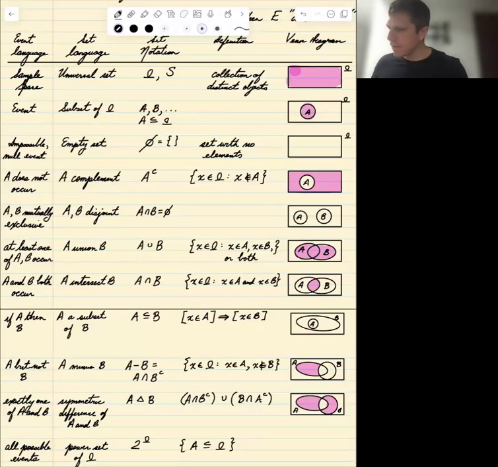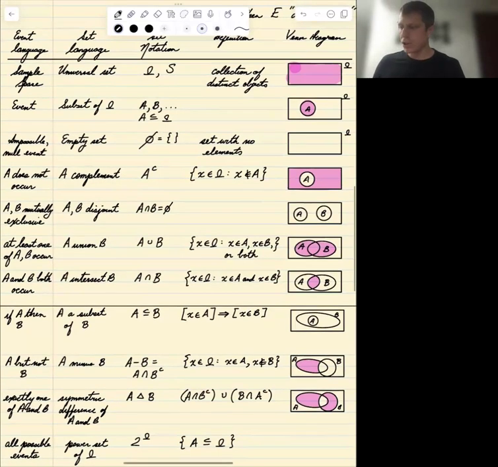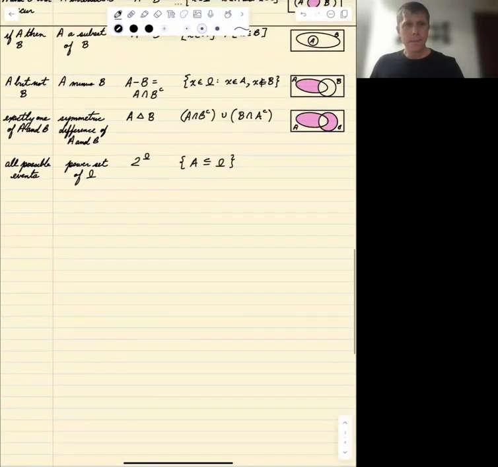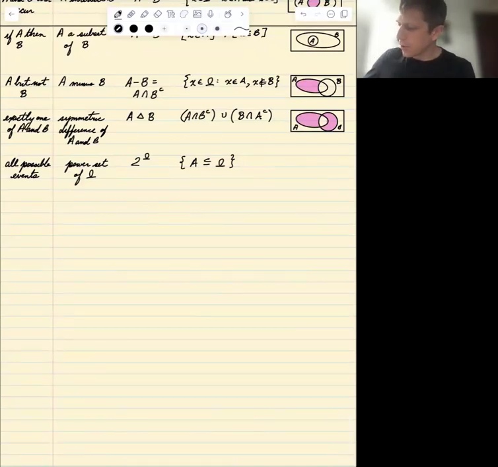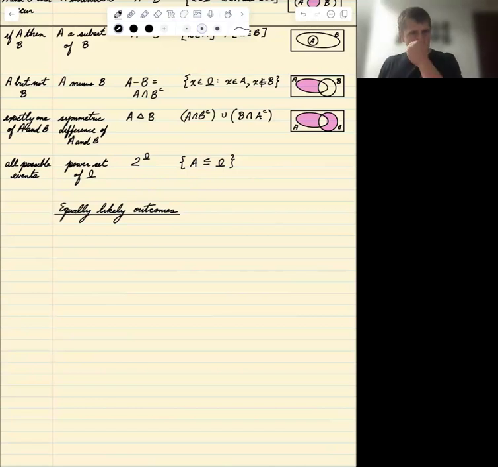Okay, so now that we have the notation and the terminology down, let's define our first kind of formal probability model. And we're going to define one in terms of equally likely outcomes. All right.